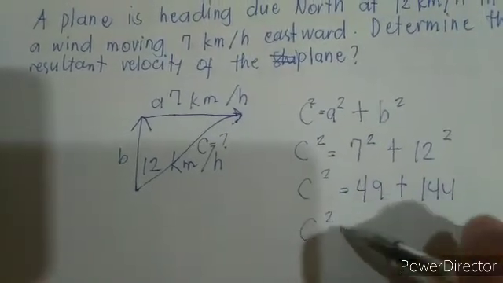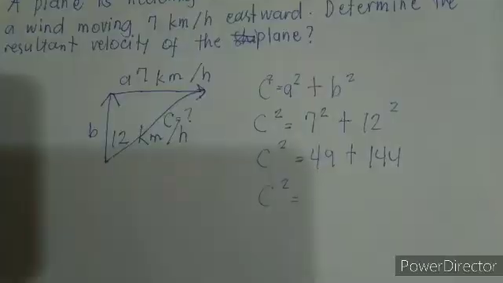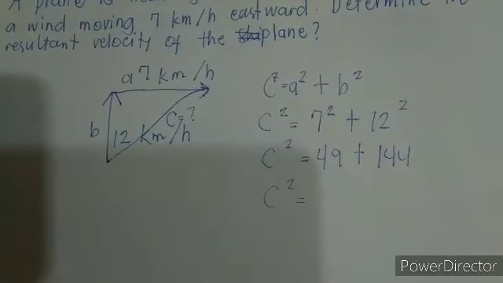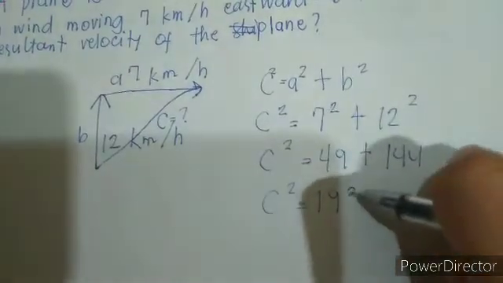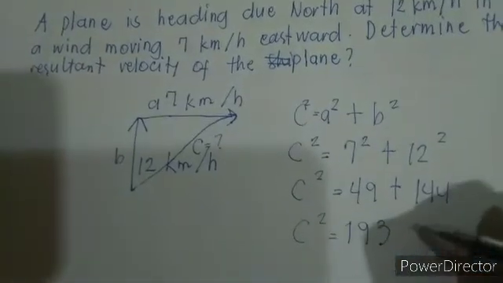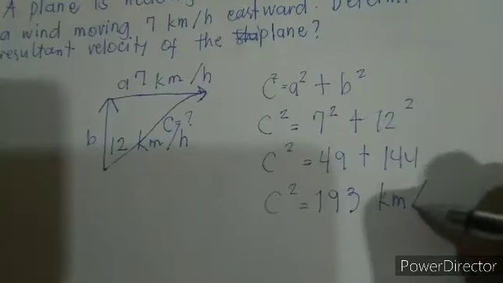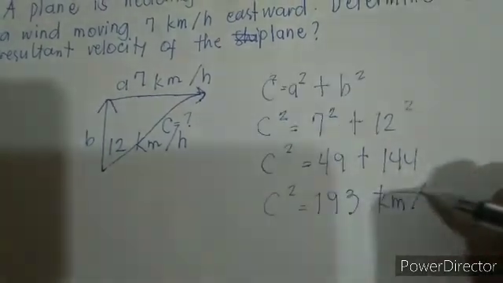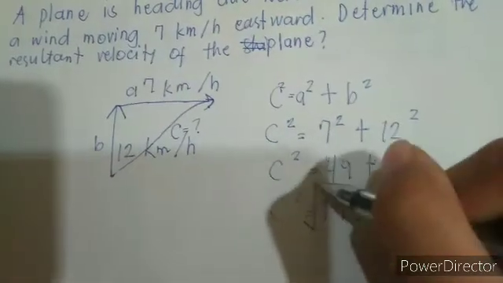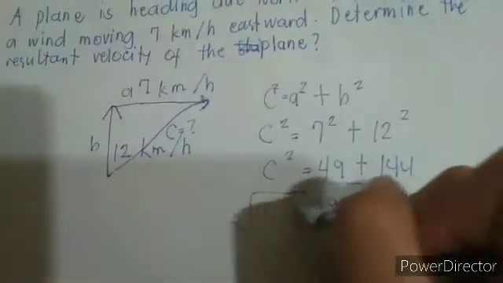So C squared is equal to 49 plus 144, which is 193. Let's apply the square root first because there is still a square.